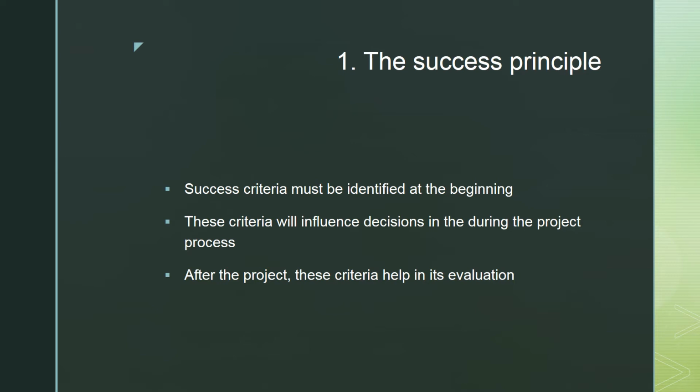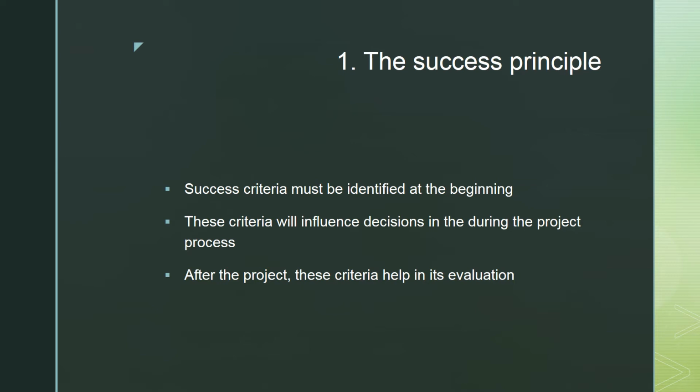Now, what we have here in front of us is success criteria must be identified at the beginning. Do not figure out what your success criteria are going to be when you're midway, or when you end, and then, oh, by the way, how can we measure success when you're at the end of the project? Now that is poor practice.